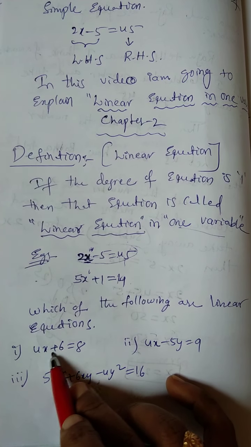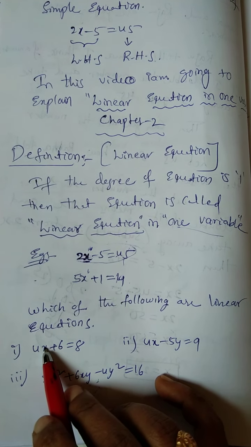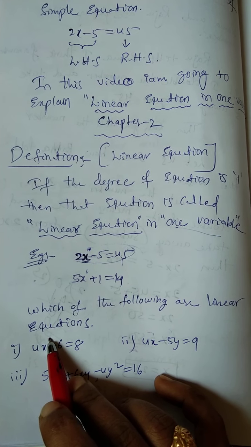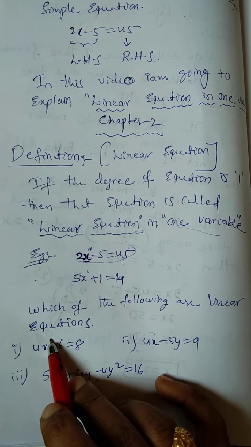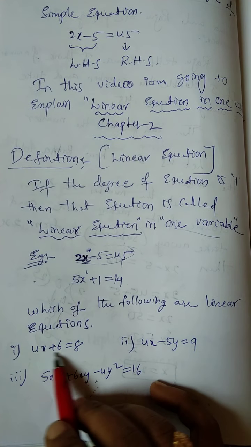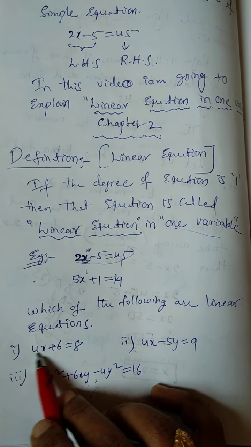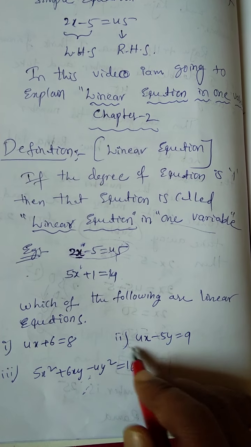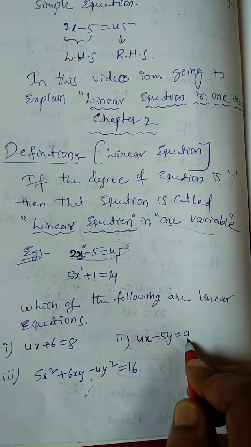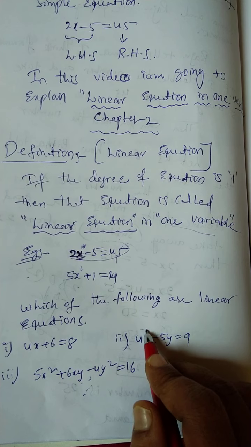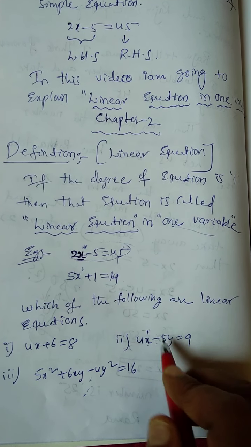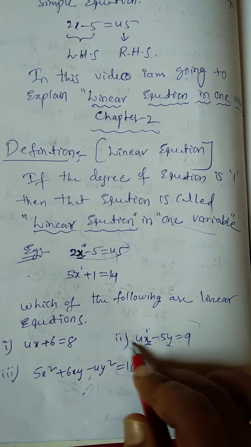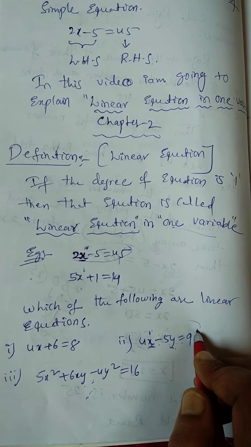Let us see, 4x plus 6 is equal to 80. Yes, variable power 1 is there, so that is a linear equation, and only the variable x is there. So this is a linear equation in one variable. Now the second equation, 4x minus 5y is equal to 9. Here degree 1, power 1 for variable x, but it has two variables x and y, so it is not a linear equation in one variable.